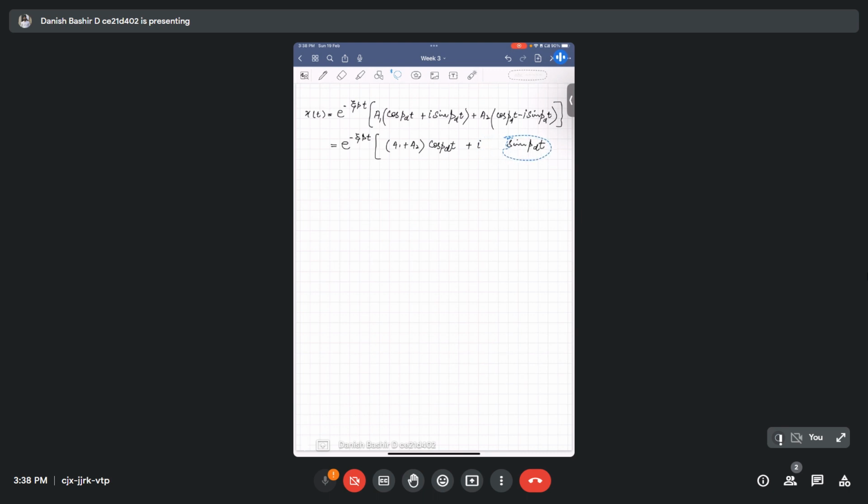We have to write the quotients as a1 minus a2. Here it is, minus a1 minus a2, like this. We can again replace this.